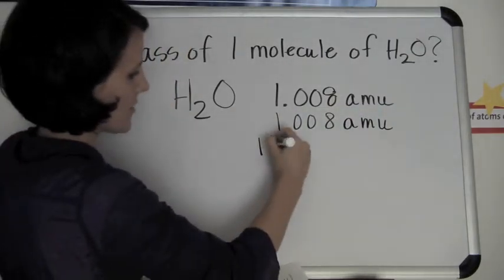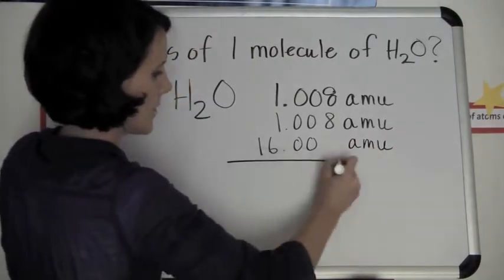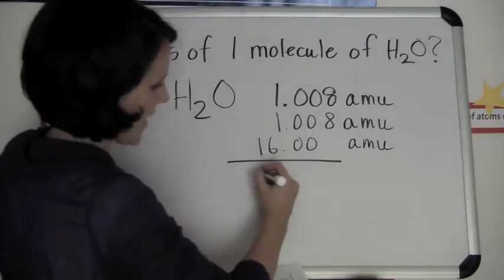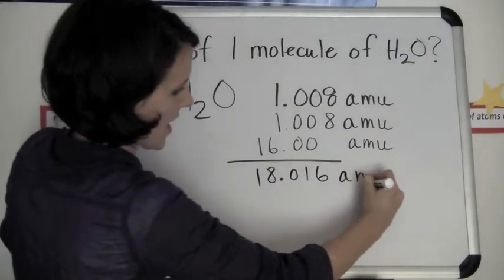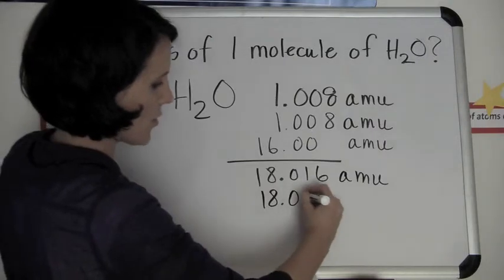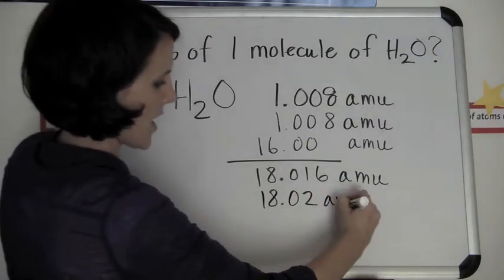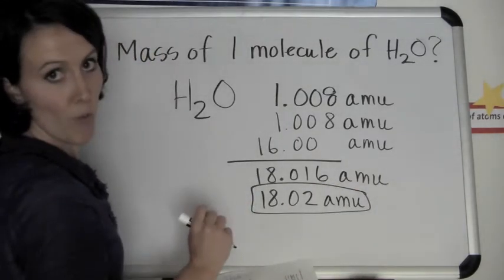Oxygen has a mass of 16.00 AMU. I add this up and I get 18.016 AMU. Let's just round that to 18.02 AMU. That is the mass of 1 molecule of water.